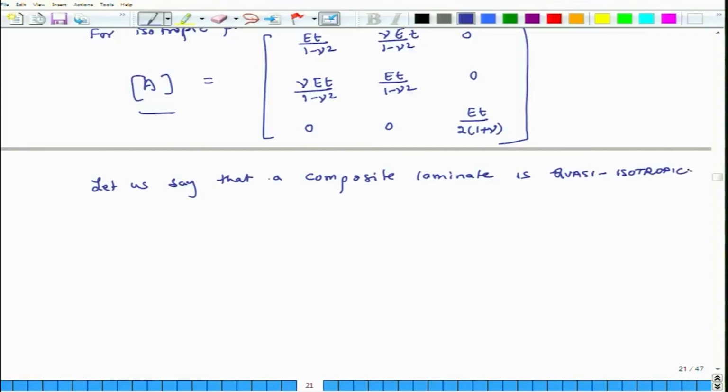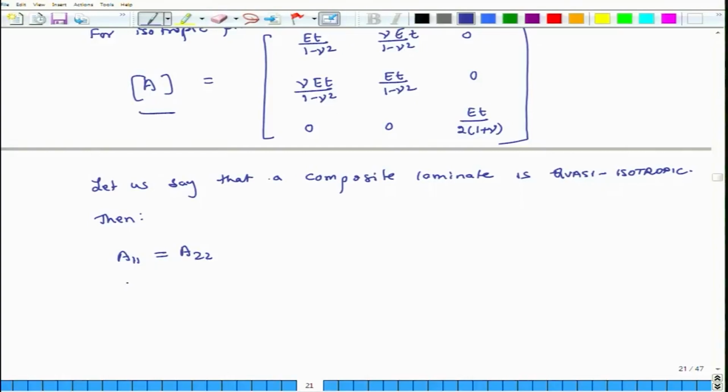Let us assume that we have put layers in such a way that it is indeed quasi-isotropic, and if it is indeed quasi-isotropic, then A11 for that material will be same as A22, because that is the condition in isotropic situation, right. So, A11 is same as A22.